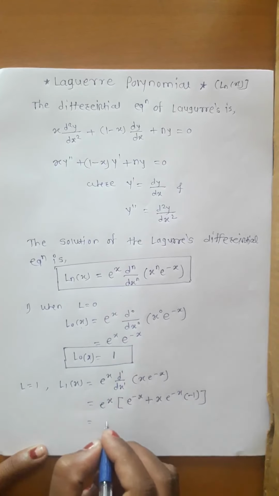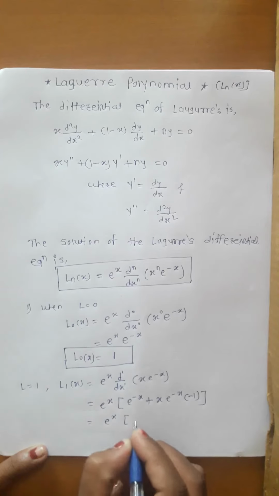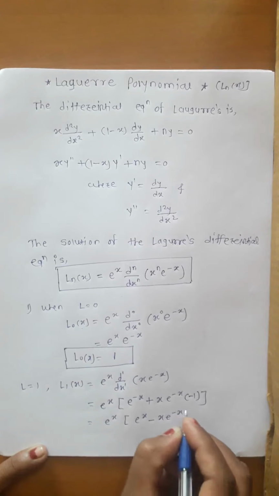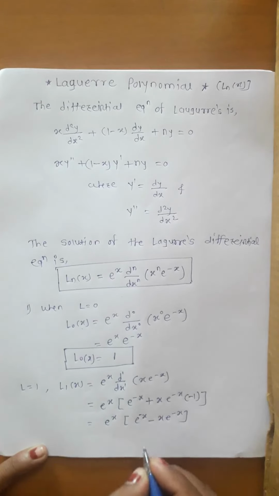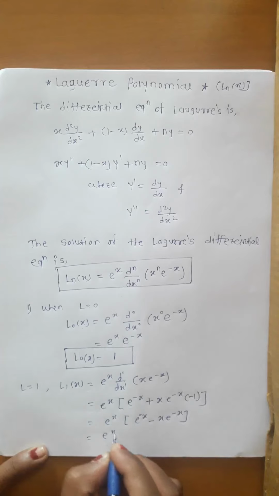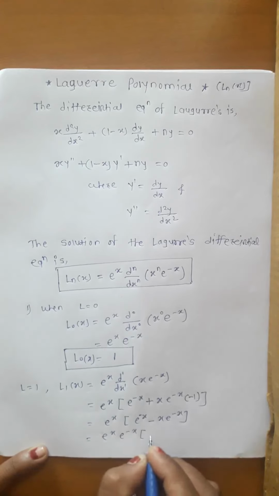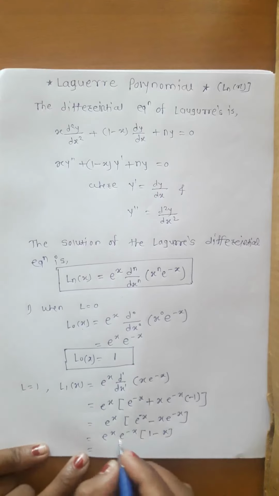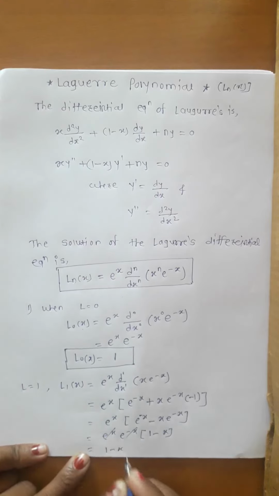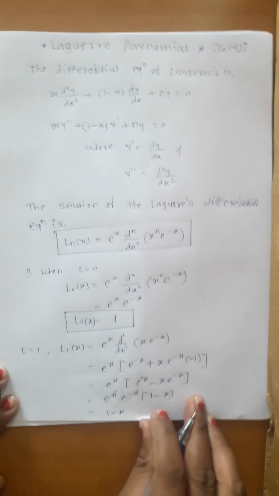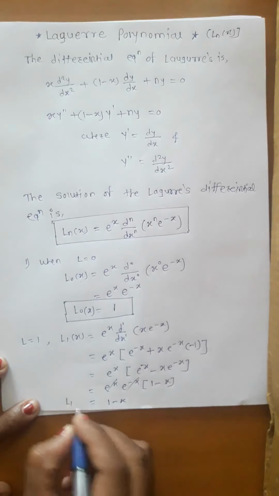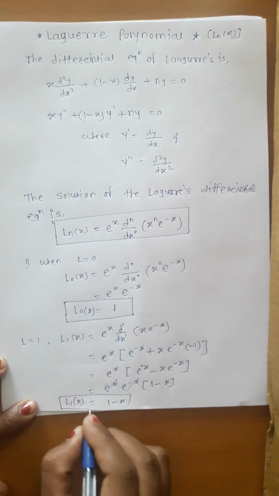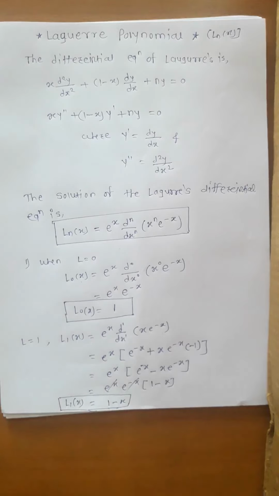Then e raised to x into e raised to minus x minus x e raised to minus x. E raised to minus x will be common. Then 1 minus x, this will be cancelled, and L1 of x will be 1 minus x.